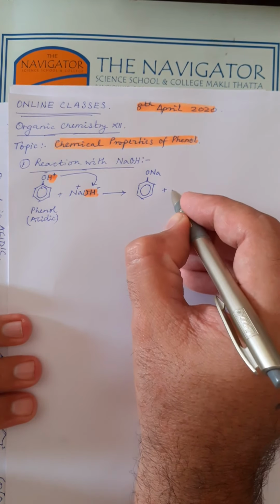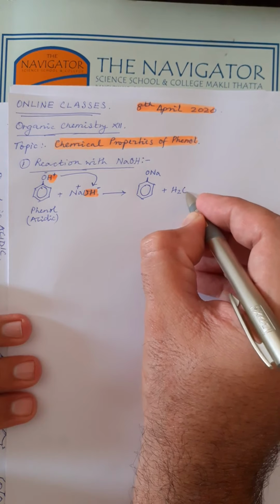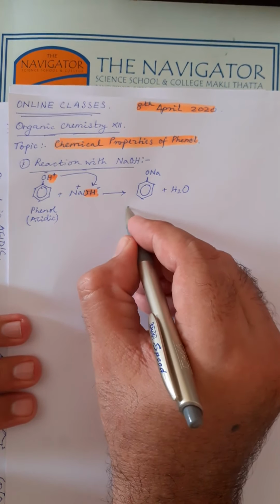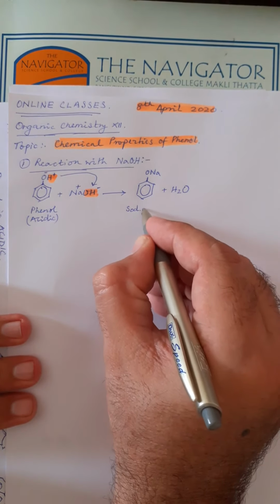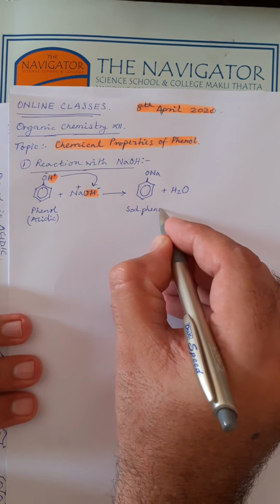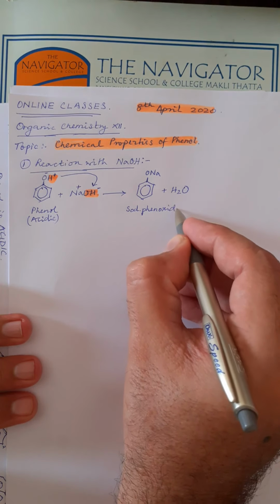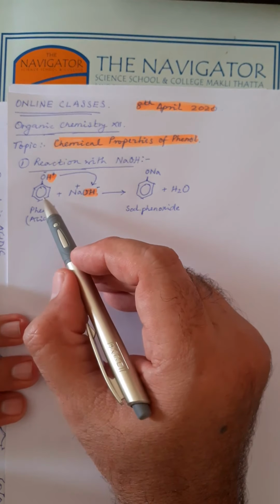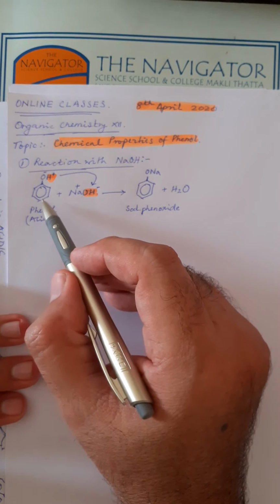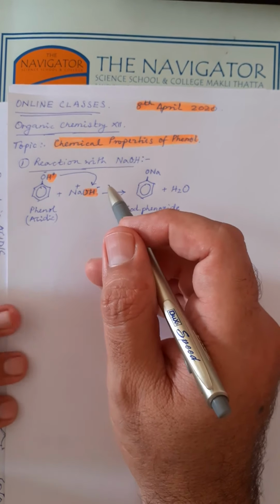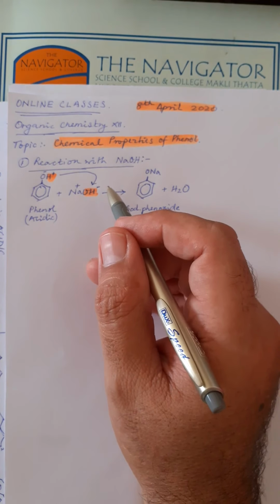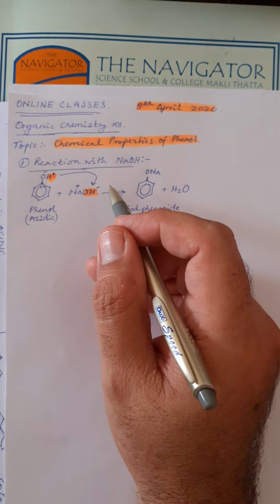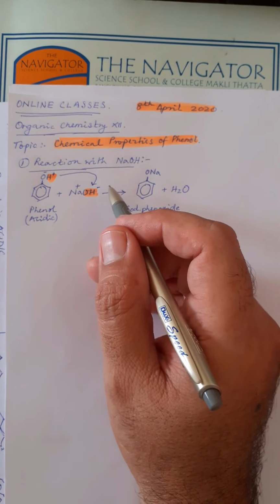This product is a salt, and as you know from previous lectures, it's called sodium phenoxide. The formation of sodium phenoxide proves that phenol is an acid, though not a very strong acid, not as strong as benzoic acid, but of course more acidic than toluene.